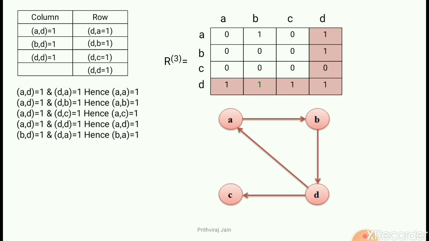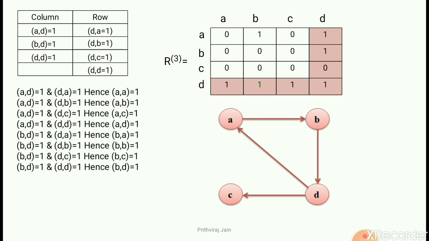Then b to d and d to a, so there is a path from b to a. B to d and d to b, then there exists a path from b to b. Now b to d and d to c, hence there is a path from b to c. B to d, d to d, hence a path from b to d.